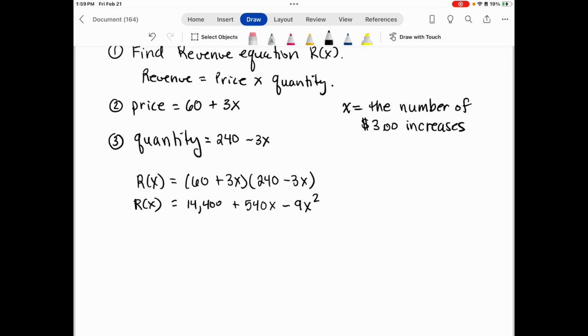Now remember what that x represents. Let's write it down again down here. X is the number of $3 increases. Okay, so now I'm going to take the derivative.